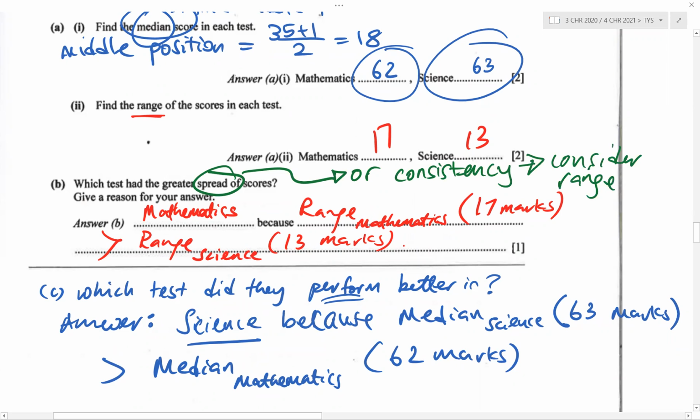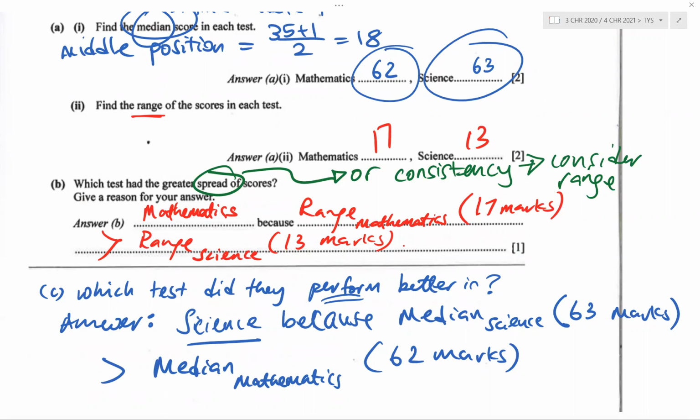The smaller the range, the more consistent it is. Does it make sense to you? If the range is very small, all the results are very close to each other, it means that you are consistent. But if the results are all very spread out, it means very inconsistent already. Some very poor, some very good.